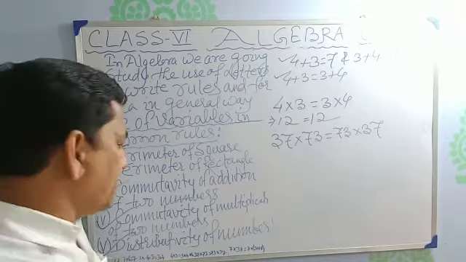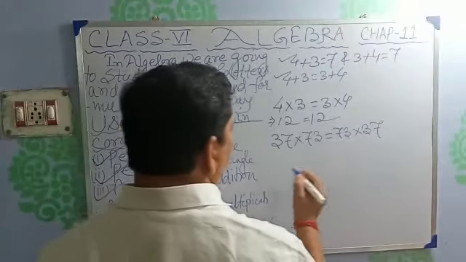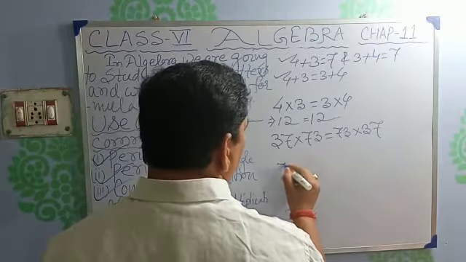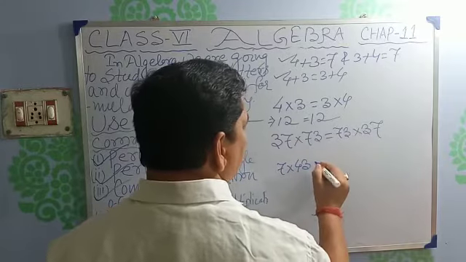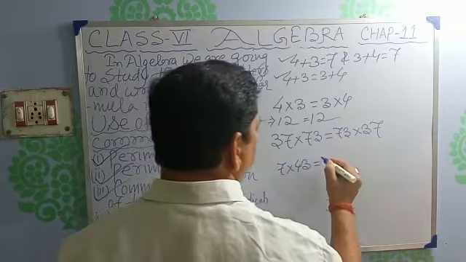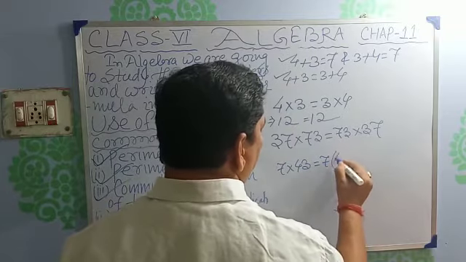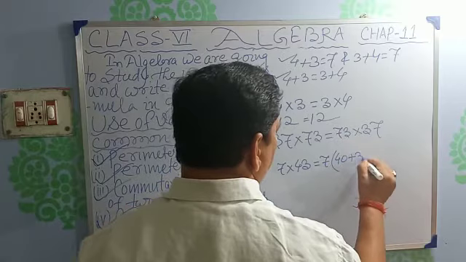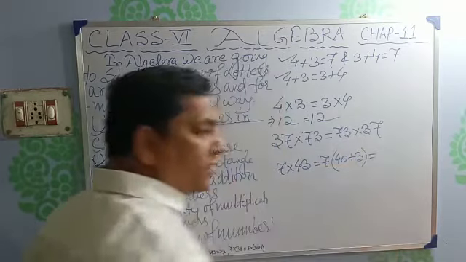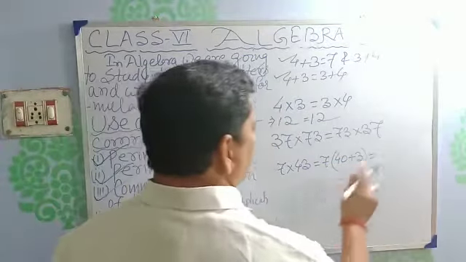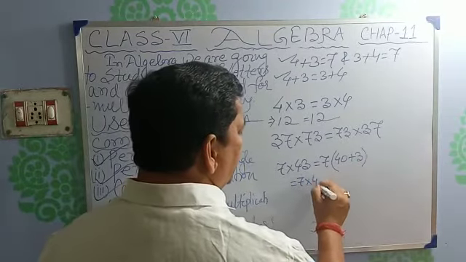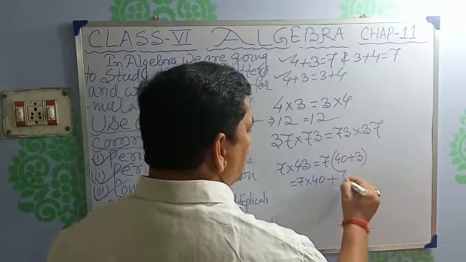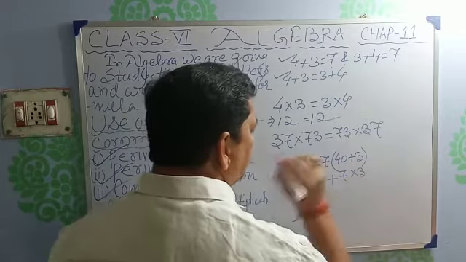Now we will discuss distributivity of numbers. You see, if you take an example 7 into 43, what we can write? 7 into (40 plus 3). Now you see, class 6, we can write 7 into 40 plus 7 into 3.